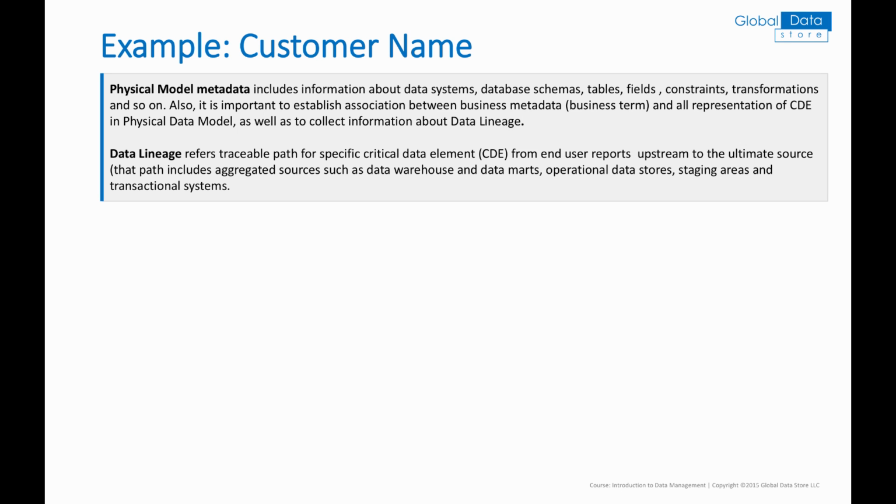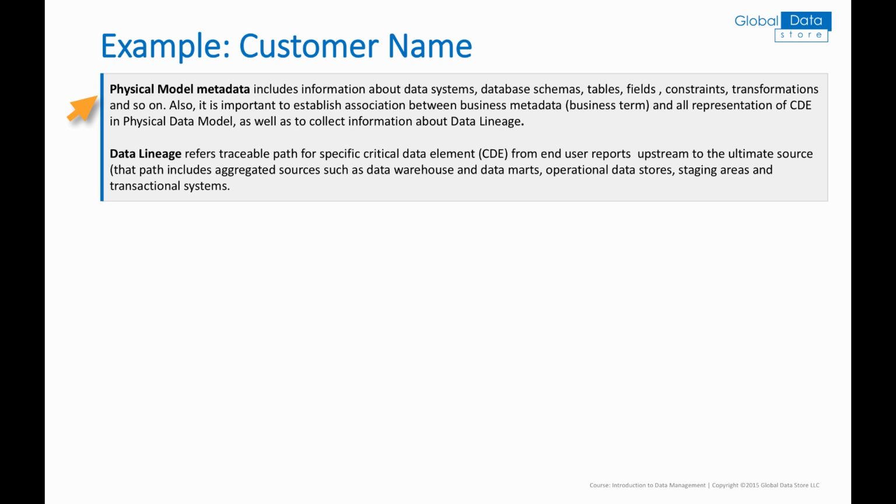Here is another example of technical metadata, this time with physical data model and data lineage. Physical model metadata includes information about data systems, database schemas, tables, columns, constraints, transformations, and so on.